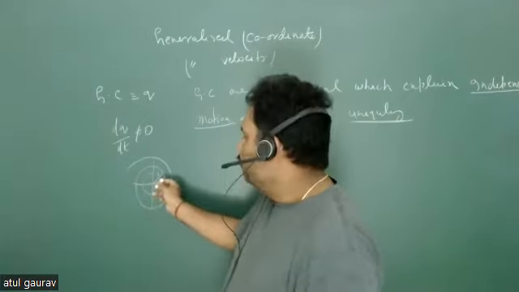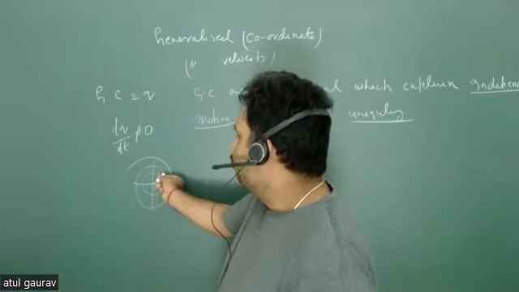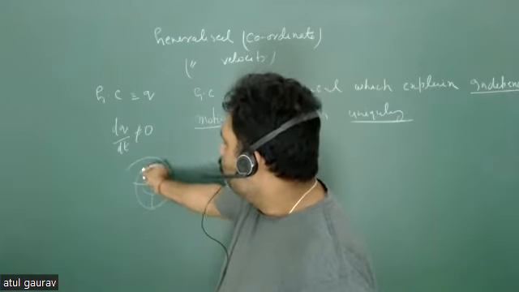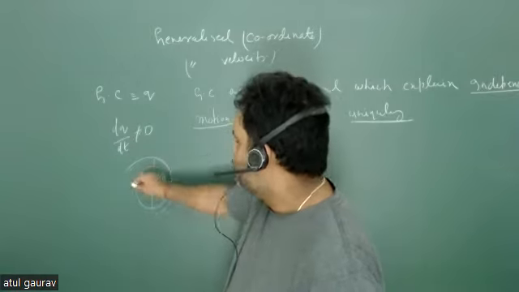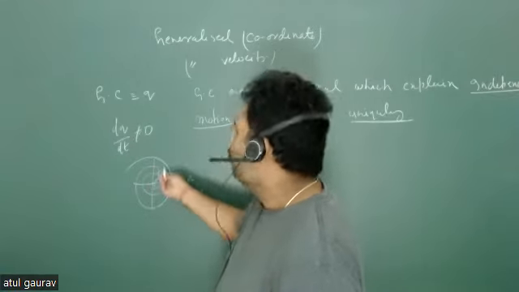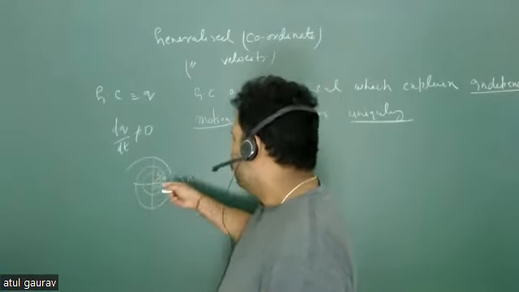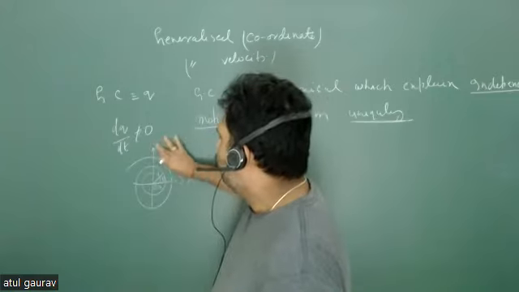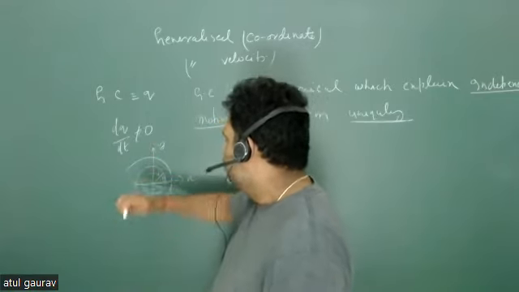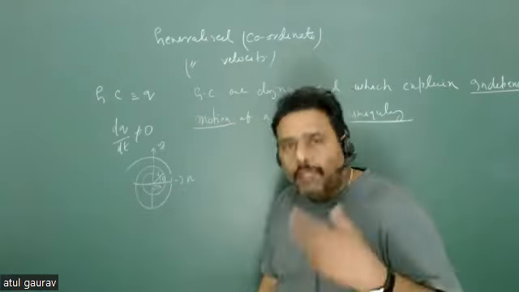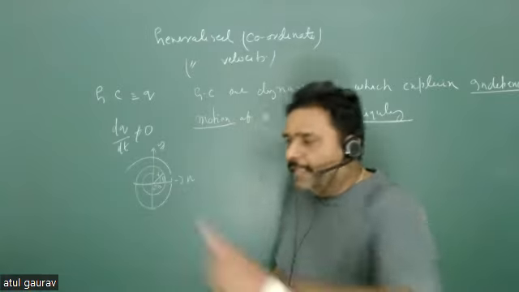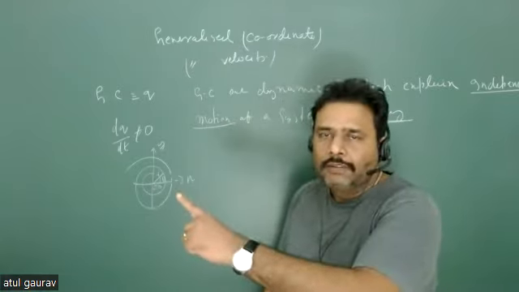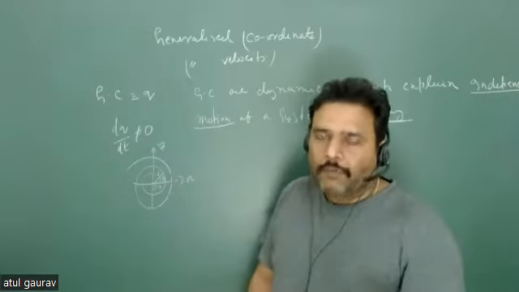If this is my origin, are you getting my point? And what will be theta? At a particular value of r, theta tells how your particle is rotating. Suppose it is rotating about the z-axis and the reference is from the x-axis. This is my y-axis and this will be my z-axis. So there are two independent motions: one is radial motion and another is angular motion.